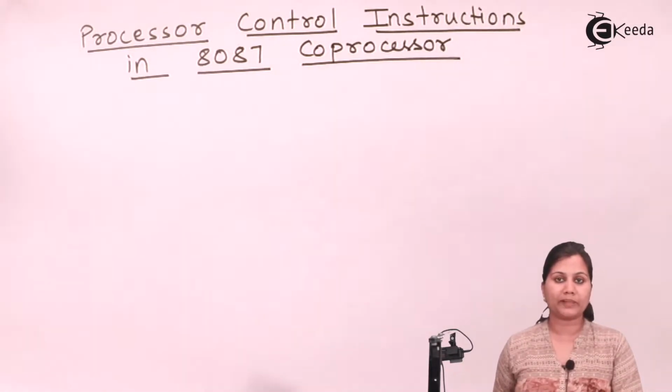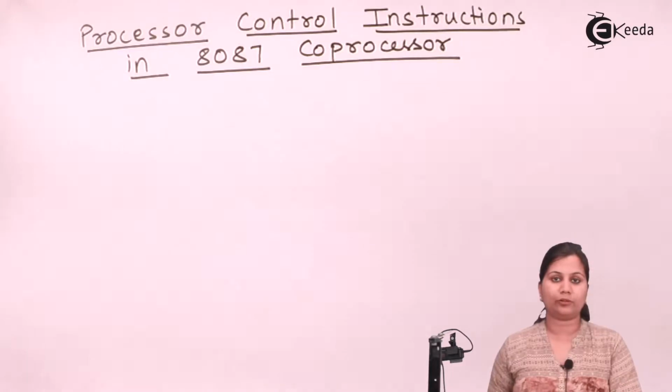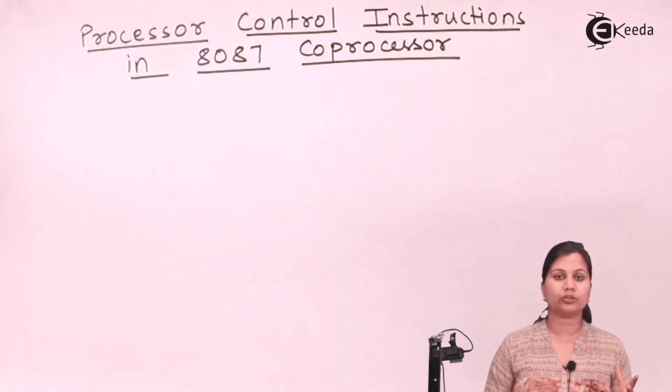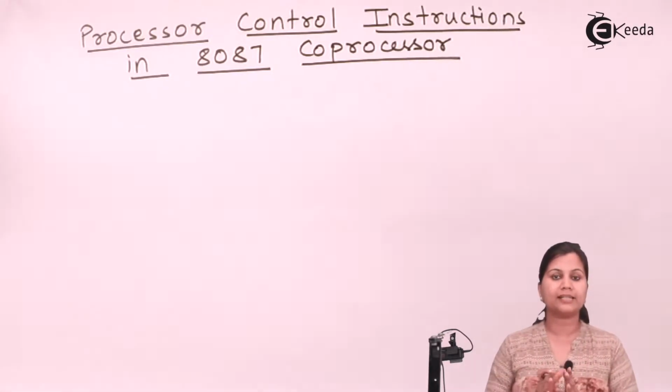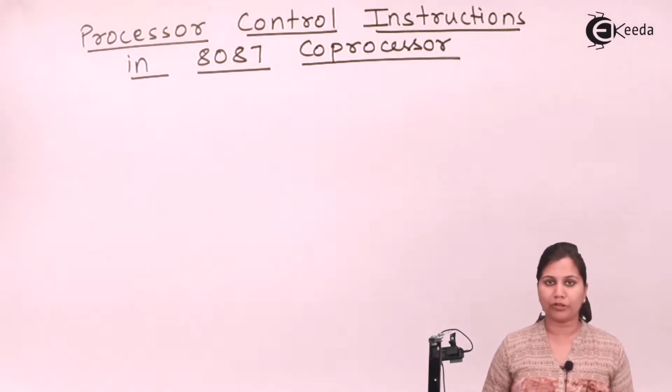So the microprocessor gives these calculations to the coprocessor so that the main microprocessor is free from this task and its efficiency is increased, because all these complex arithmetic calculations are now being performed by the coprocessor.